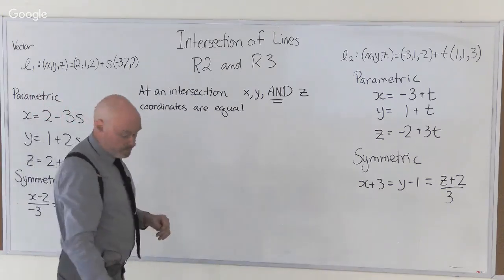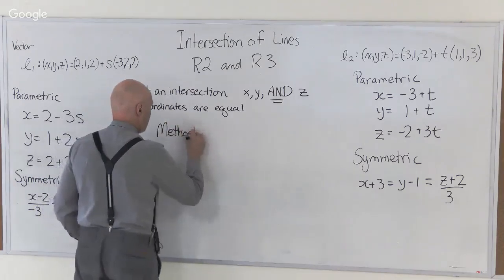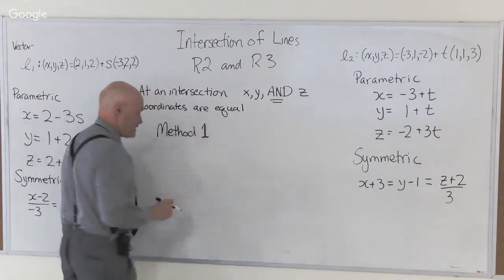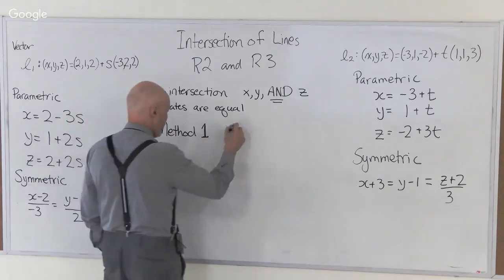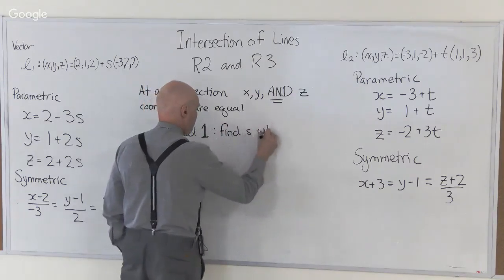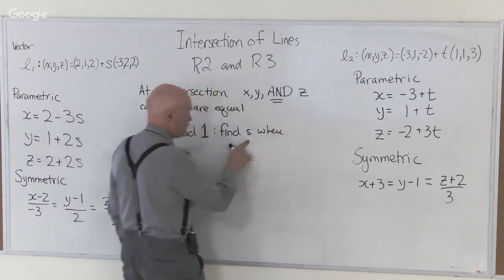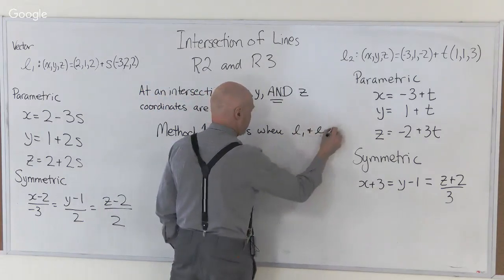Here's method 1. We're just going to look at 2 methods really quickly. In method 1, we're going to try to find the value of the parameter s where L1 and L2 intersect.